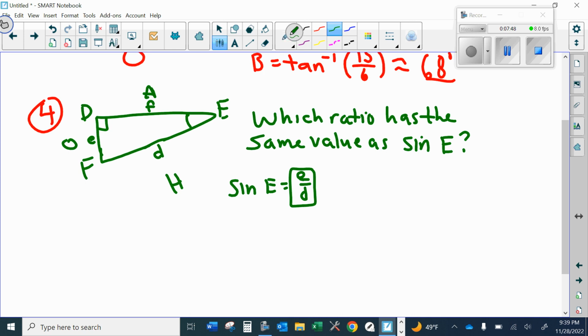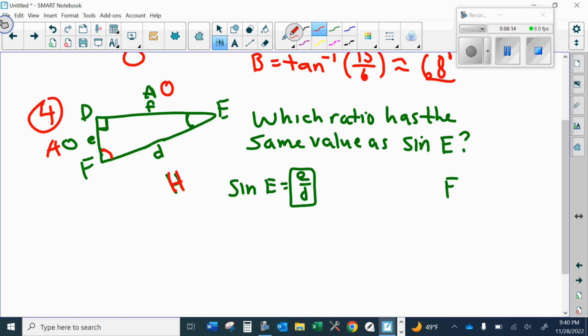But I can't use, obviously, angle E again because the only one that's going to give me that is sine E. That'd be the exact same answer. You never use the right angle. So now you're talking about F. So if F now is my reference angle, then this one becomes the opposite. This one becomes the adjacent, and this is still a hypotenuse because that never changes.